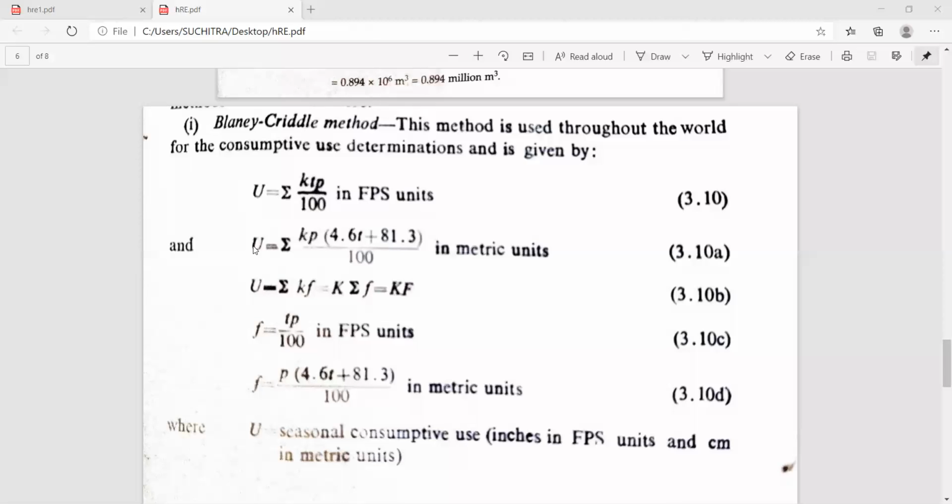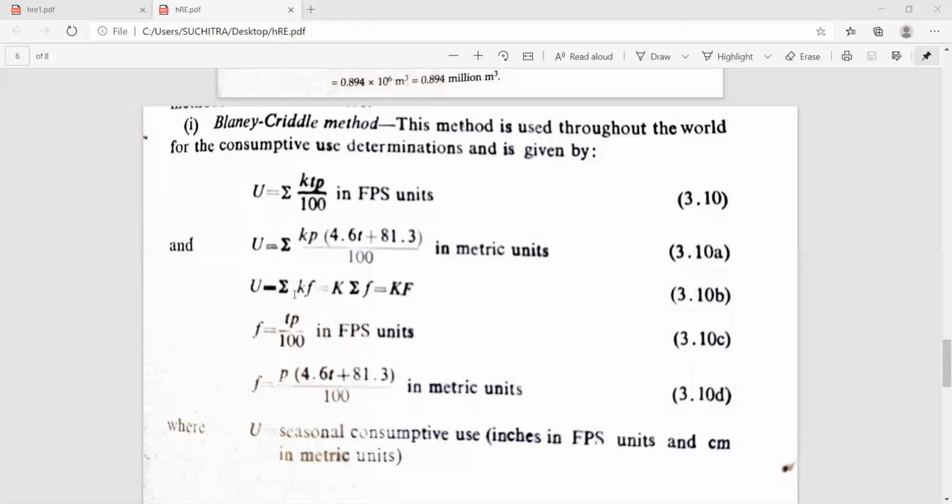Here, U is the total consumptive use, that is sigma K into F. Here F is nothing but P into (4.6 times T plus 81.3) divided by 100. K is a crop factor.